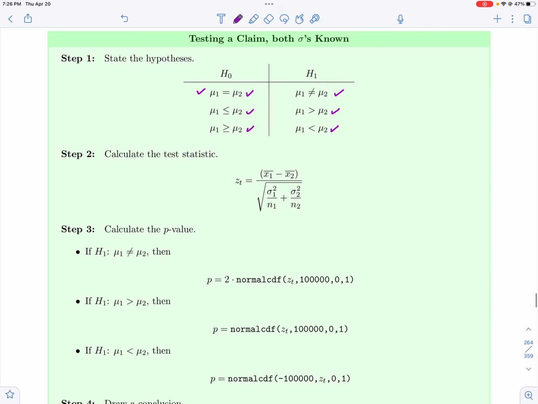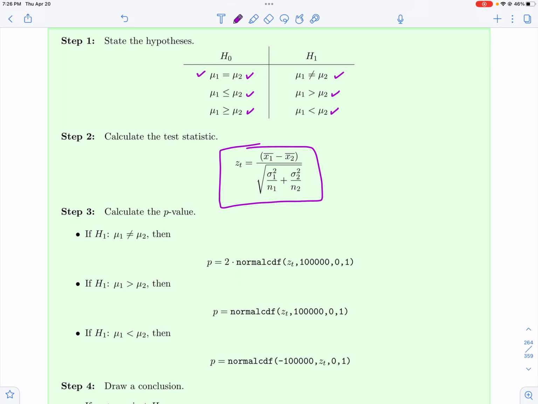Now for step two, when we find our z sub t score, notice that instead of subtracting the sample mean from the population mean, we're subtracting the two sample means from each other. Since we have two samples, we have to have both standard deviations in there as well.